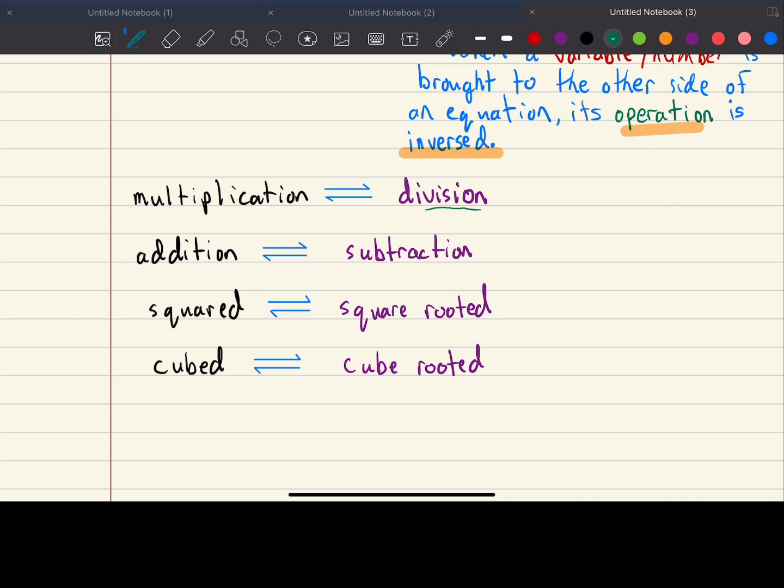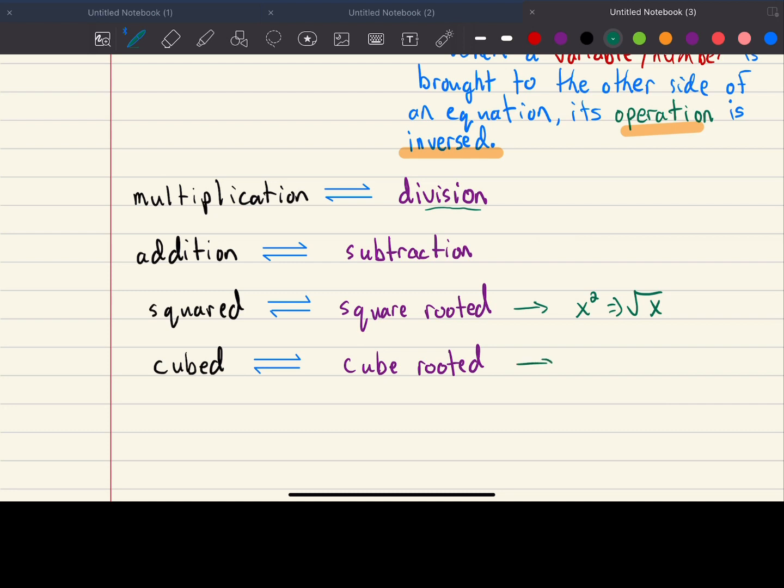But more specifically, what people often forget is the squares and the square root. So let's say I have x squared, and I bring it to the other side, or to remove the squared, it would be root x. So if I square root the squared, then that is an inverse operation.